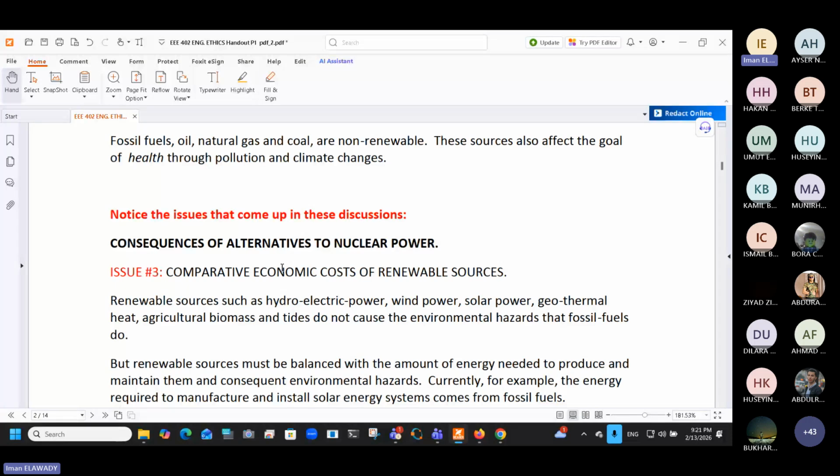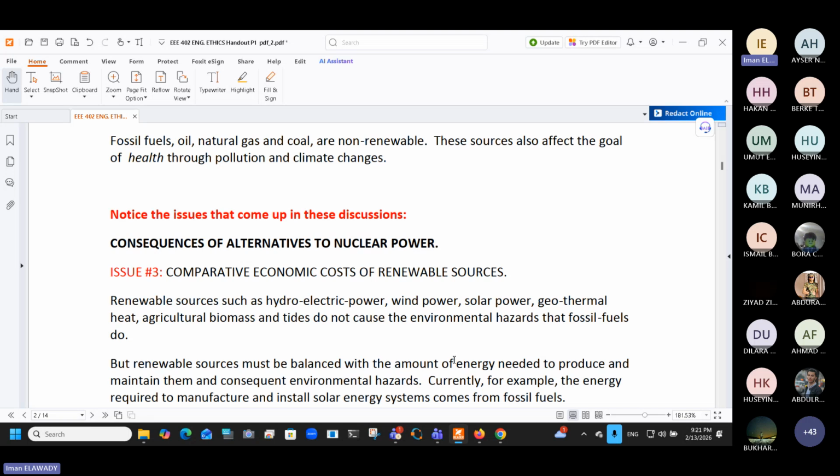Maybe if we talk more deeply about this power issue, about providing the power resources that we use in our daily life, someone will think about renewable sources like wind power, solar power, as mentioned here.